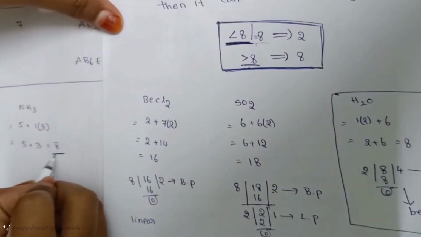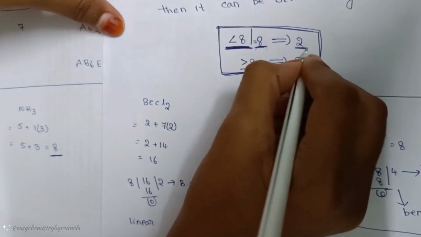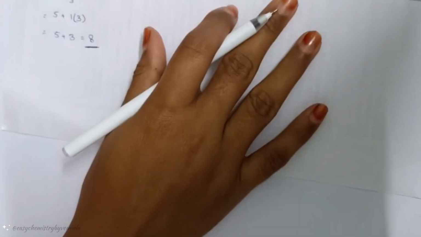Here, equal to 8, it can be divisible by 2 only. So 8, 2 4s are 8, remainder 0. It is tetrahedral. These are only bond pairs.